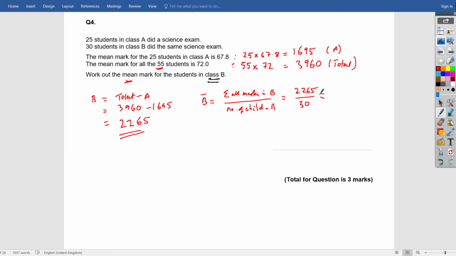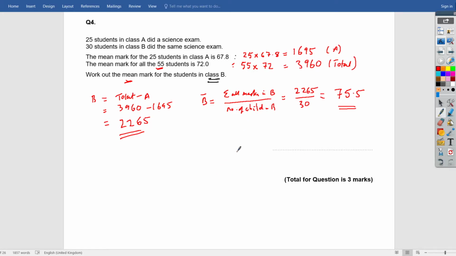So 2,265 shared by 30, we get a mean mark for Class B of 75.5.